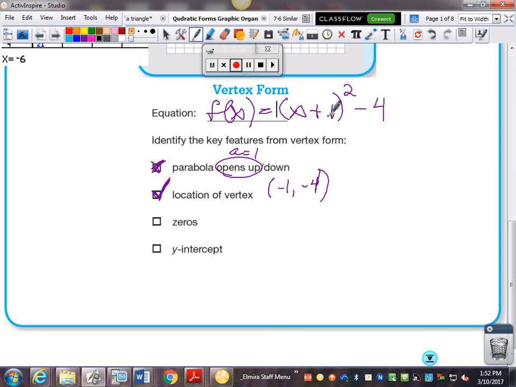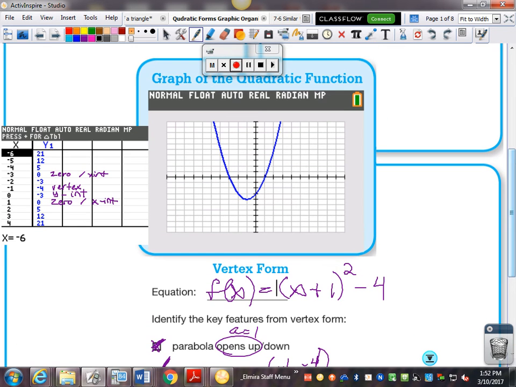And the location of the vertex is opposite sign, -1, same sign, -4. And we can see all those features in the graph. We can see the vertex, we can see the zeros, etc.